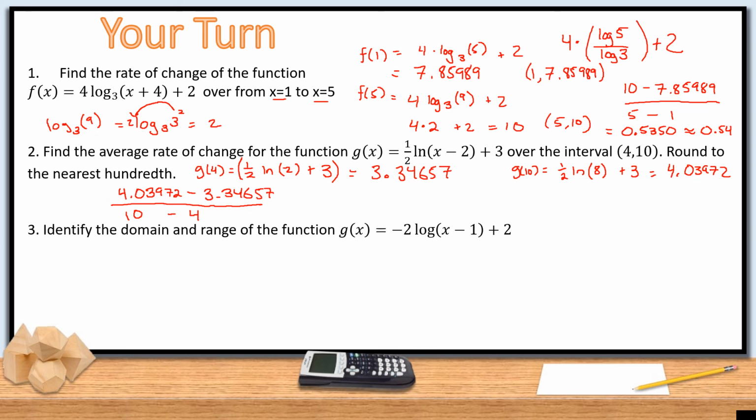That's 0.5740 divided by 6. So I get an average rate of change of 0.0957, which is approximately 0.10.